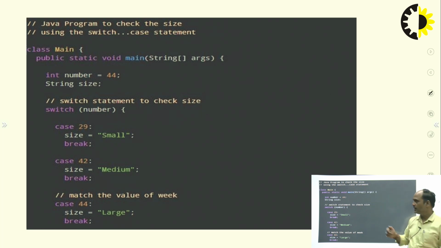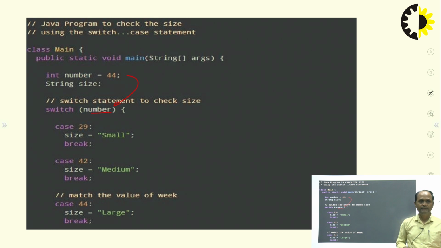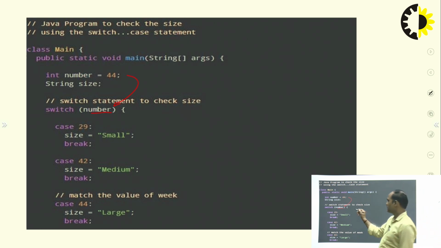Then we pass that number to the switch statement. Switch is the syntax, and the number is the expression we pass. We have passed the number 44, and we check case 29: size is small, break.